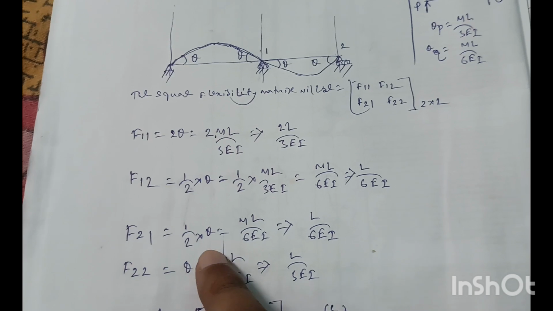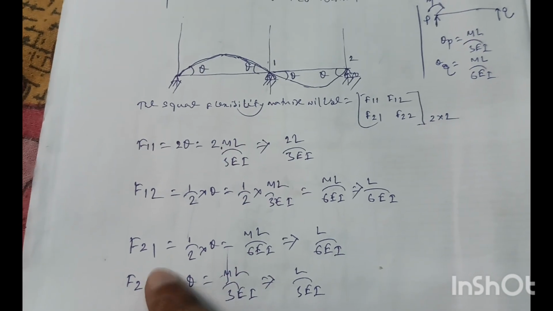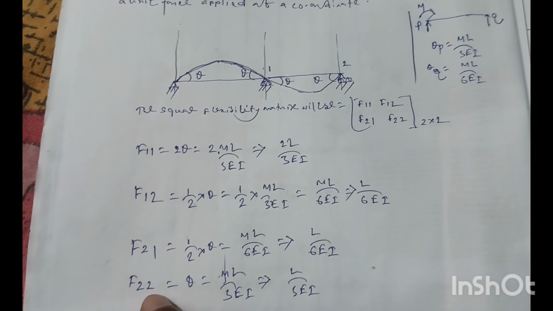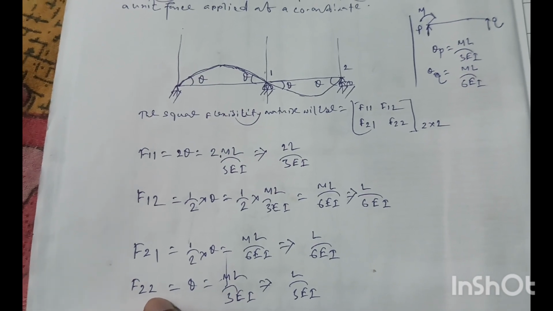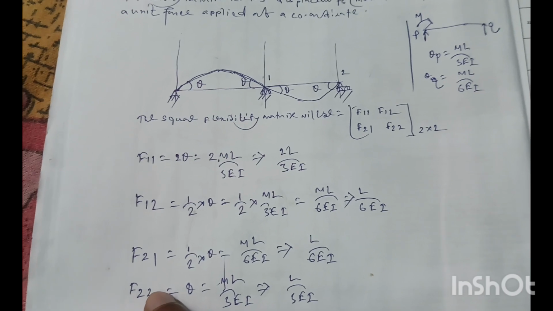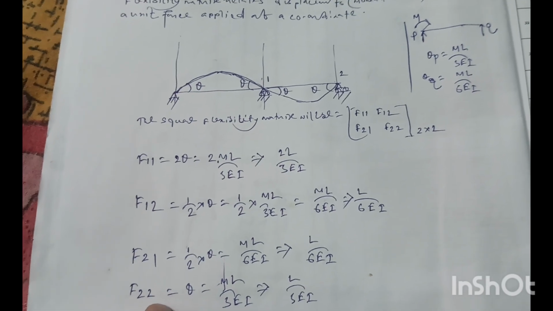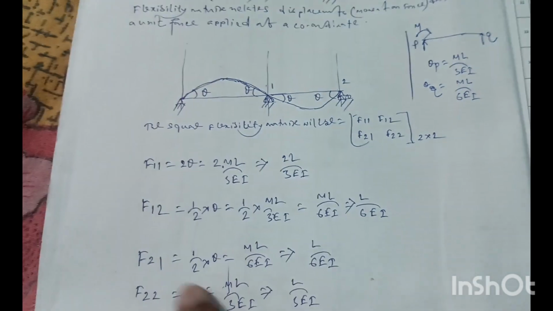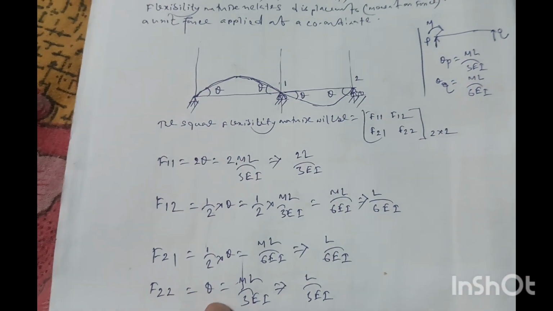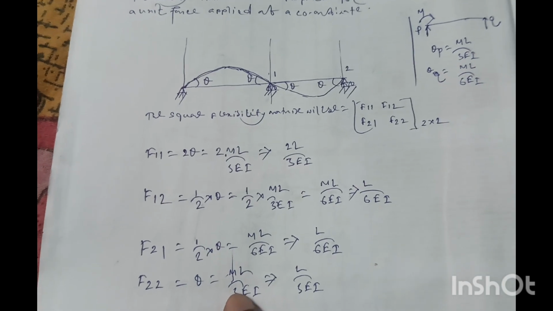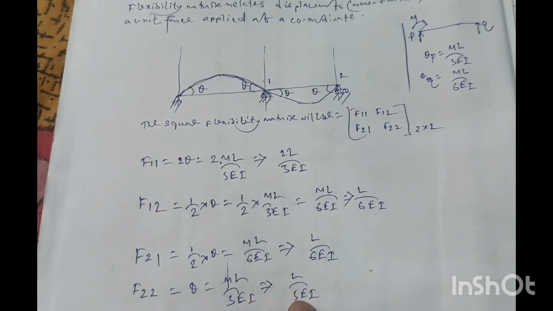Now F21. First we will calculate F22, when unit moment is applied at coordinate 2 and flexibility is also determined at coordinate 2, so it will be theta. The theta value where moment is applied will be equal to ML by 3EI, as M equal to 1, it will be equal to L by 3EI.